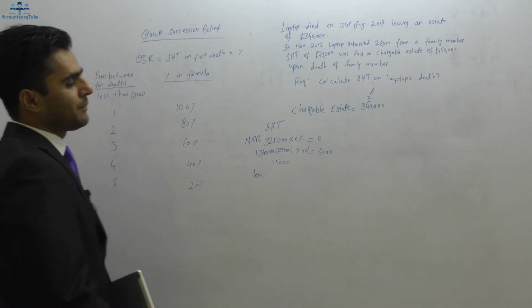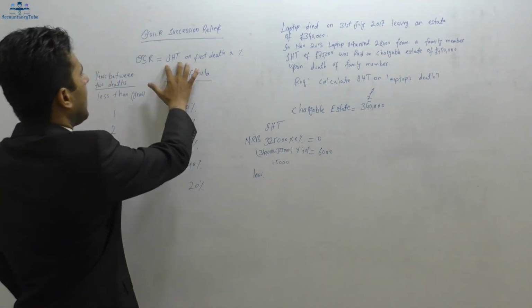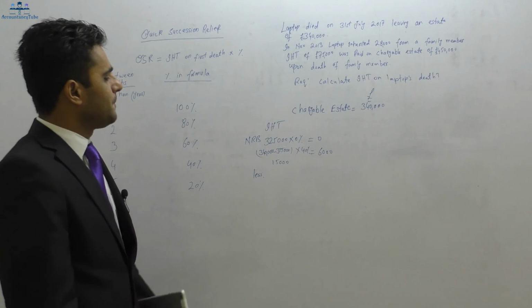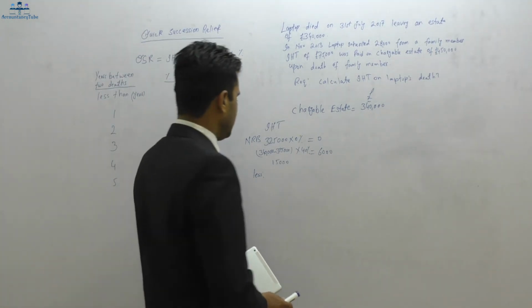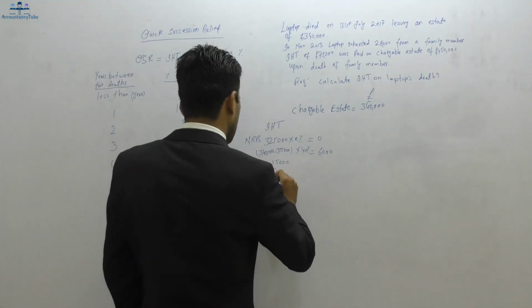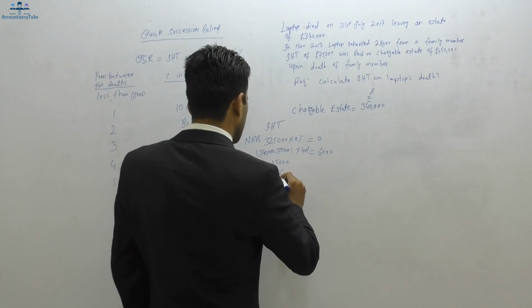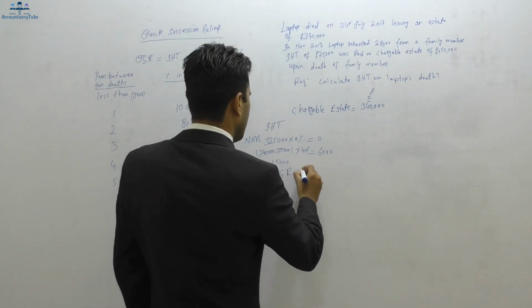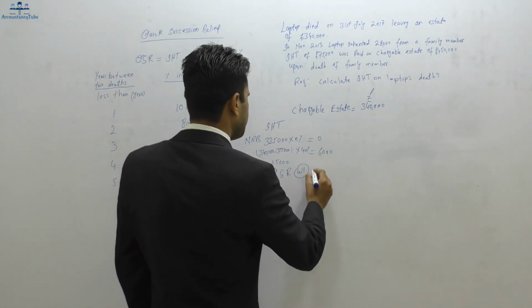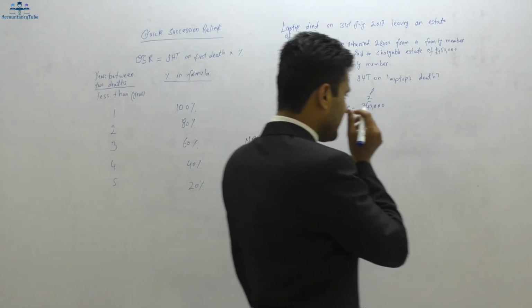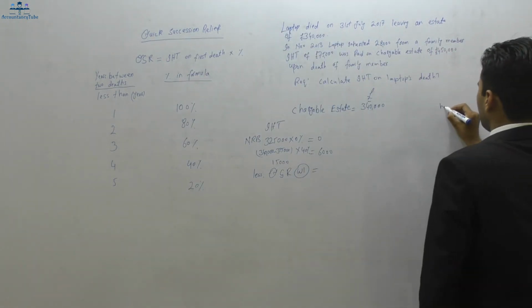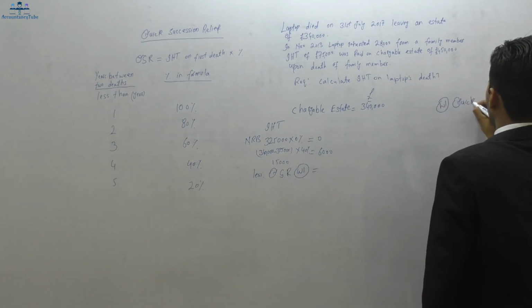All right, so we'll apply the 40%, but we'll have to see the inheritance tax on the first death. So we'll have to calculate that as well. So let's do the quick succession relief working here.